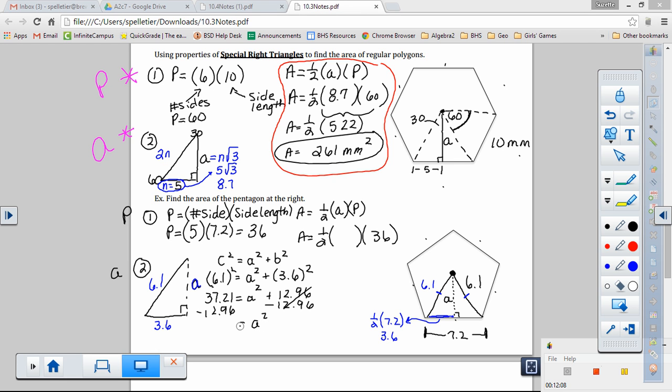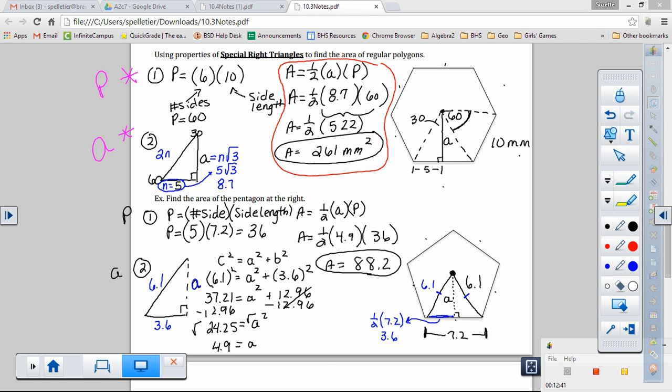So a squared equals 37.21 minus 12.96, which is 24.25, and then again, how do you undo a perfect square? You square root it. So we're going to square root both sides, and when we do, we get a equals about 4.9. So now I have my apothem. Put it in. Area equals about 88.2, and I didn't give you a measurement, so you don't need to worry about labeling it if there's no measurement.